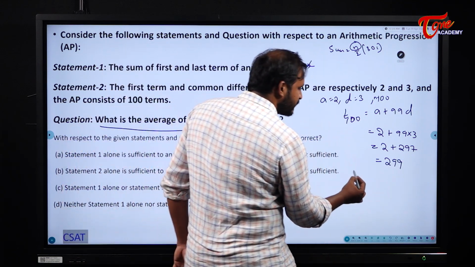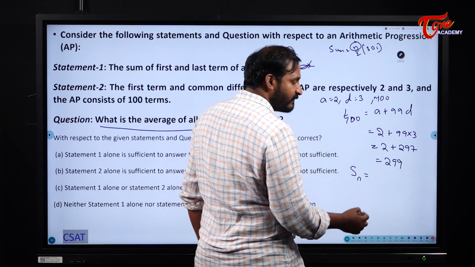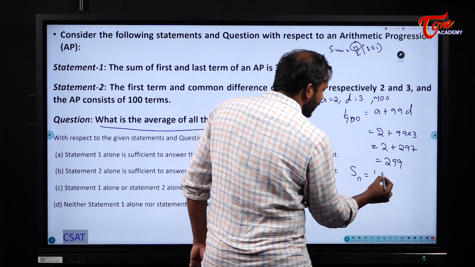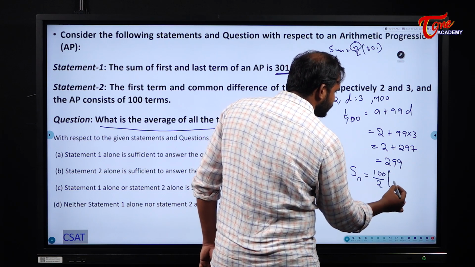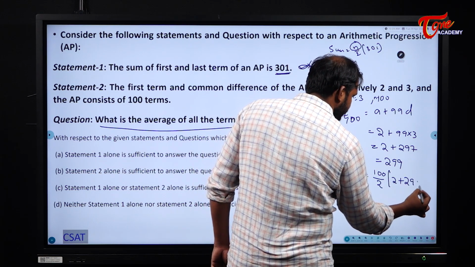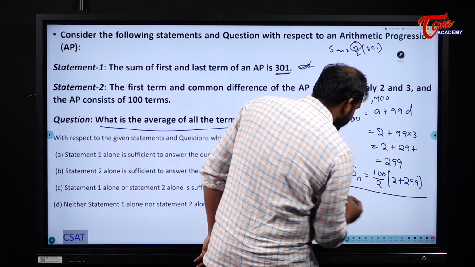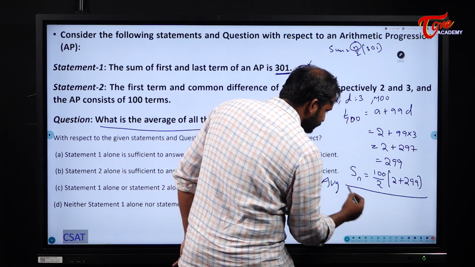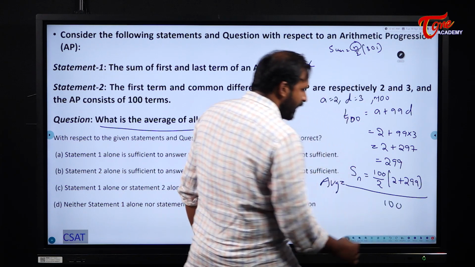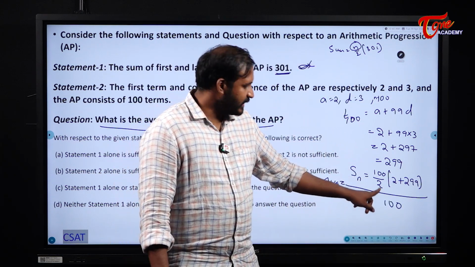And the sum to n terms in an arithmetic progression will become n by 2, that is 100 by 2 into (first term 2 plus last term 299). Now, average means what? Sum by number of terms, that is by 100. I will get a value, right? Yes, I will get a value.